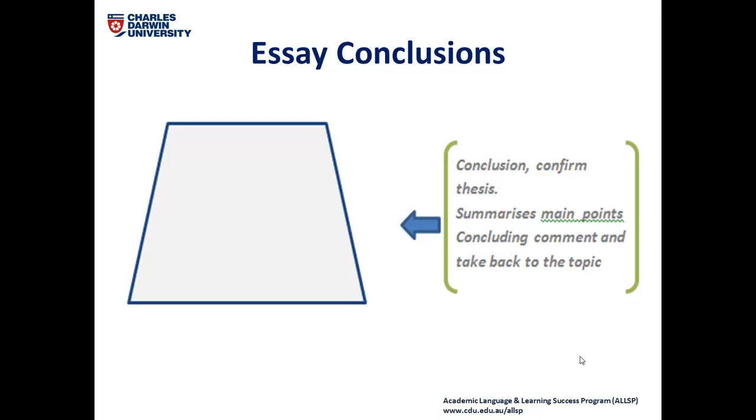The first section of a conclusion, we can talk about confirming your thesis statement. In your introduction, you told the reader what you were going to prove. In your conclusion, you now need to point out what you have proven. That's why we usually see in conclusion, it has been shown that.